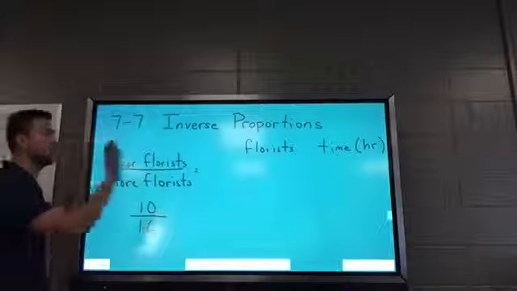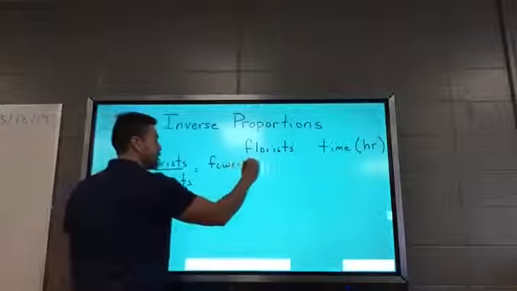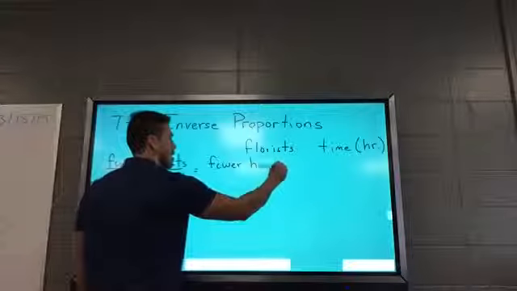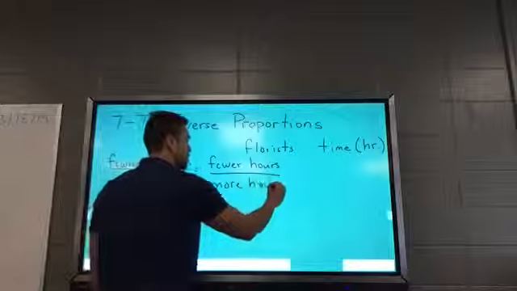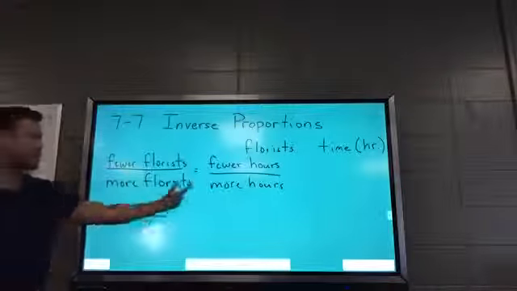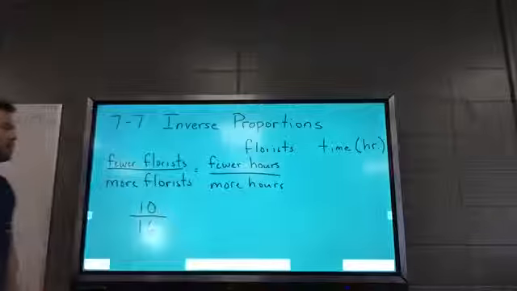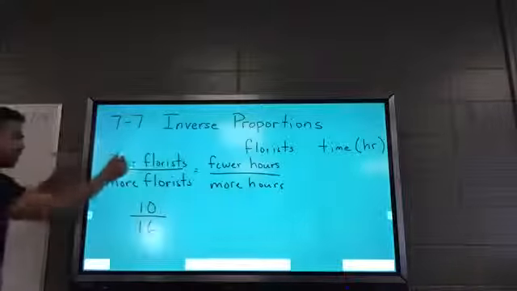For the other ratio, I'm going to put fewer hours and more hours. And this is where you have to think a little bit. So I'm comparing the florists with the florists and the hours with the hours. Fewer over the more. You got to make sure they're parallel.